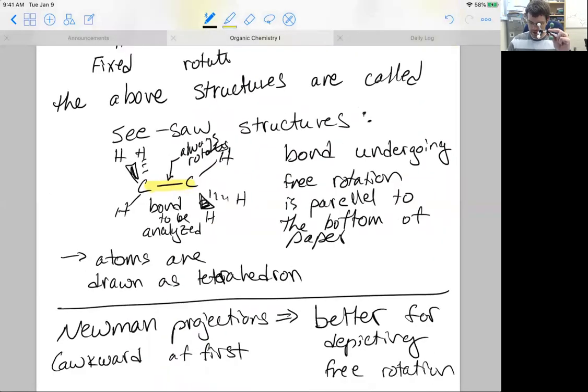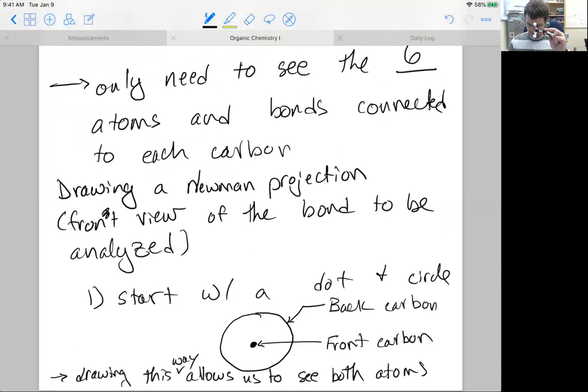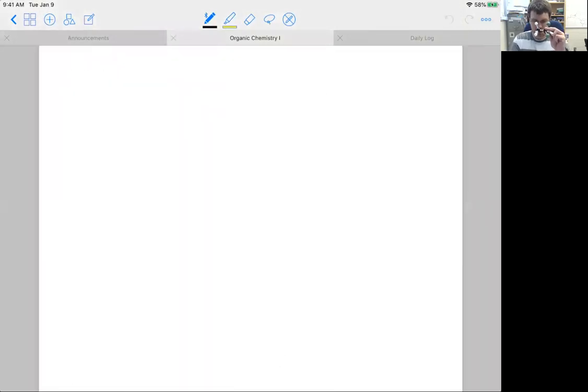Okay, so what I'm going to do is draw a dot with a circle around it. And this is going to be my starting structure, which I should just redraw, shouldn't I? That's the right thing to do, as opposed to hoping that you all can make that connection back as we learn something new.